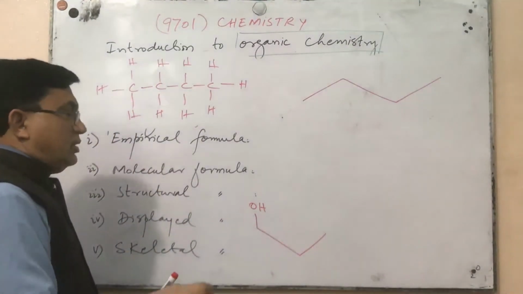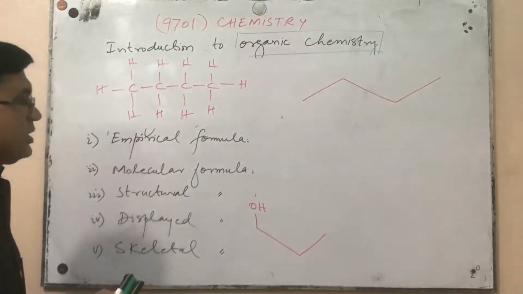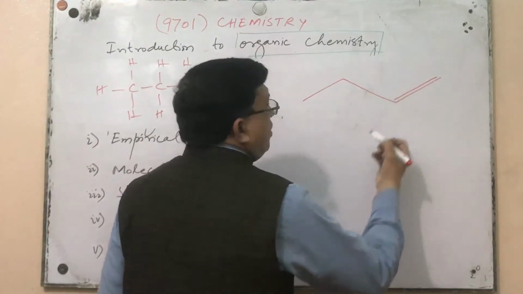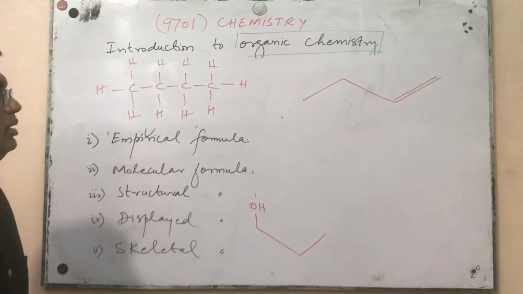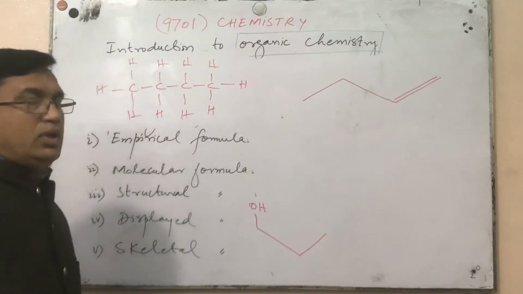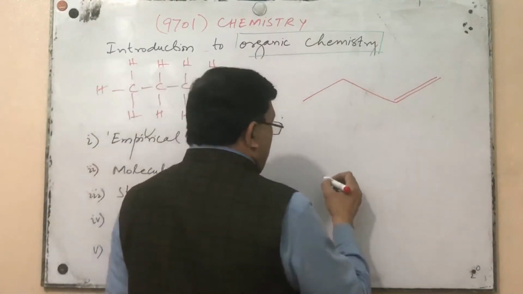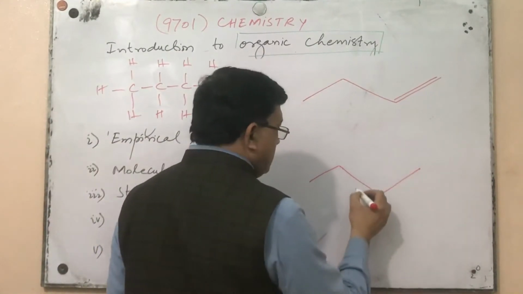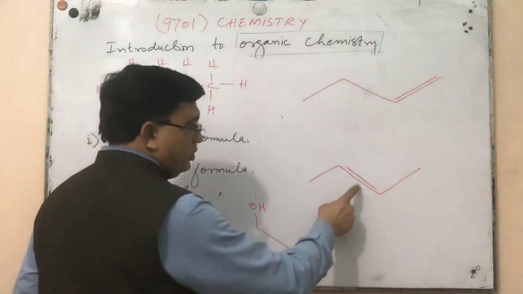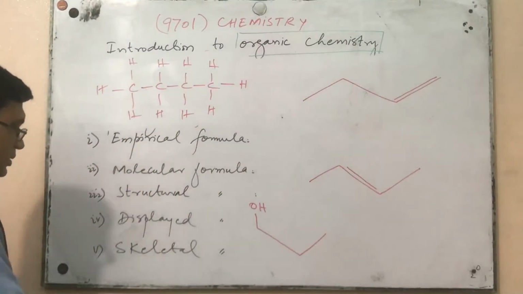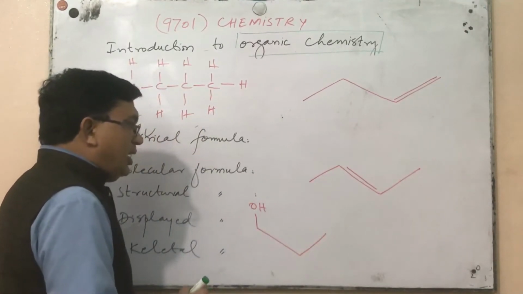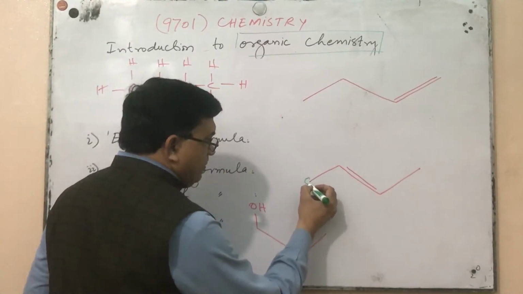Now if I want to represent the skeletal formula of 1-butene, I can draw a double bond on one side, 1-butene. If I want to represent the skeletal formula of 2-butene, how can I represent it? I will draw the double bond here. This will be the formula of 2-butene. In this manner, we assume in a skeletal formula that at each corner a carbon is present.